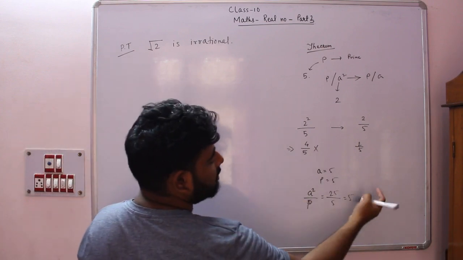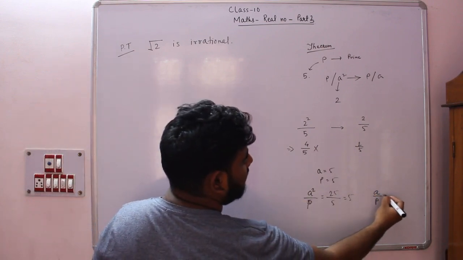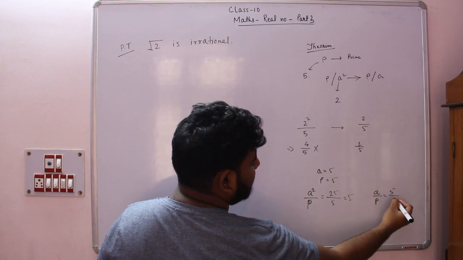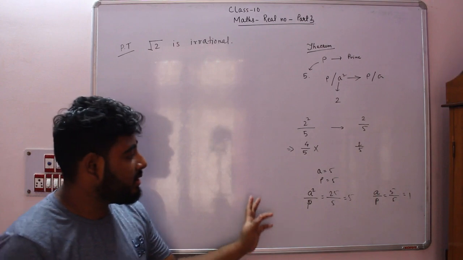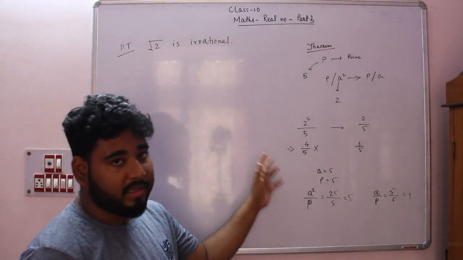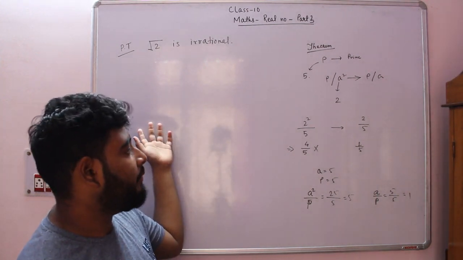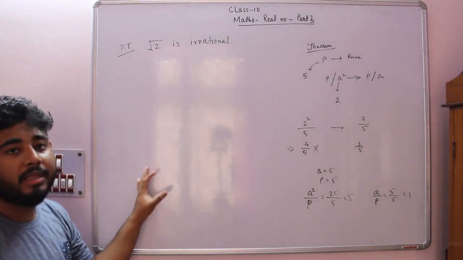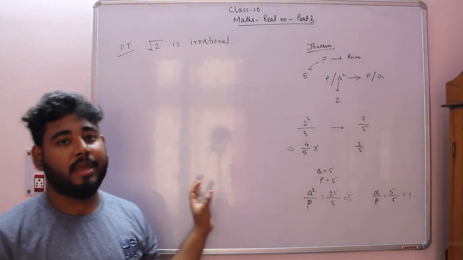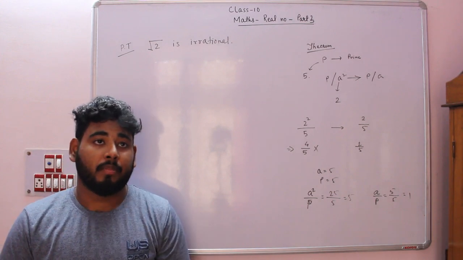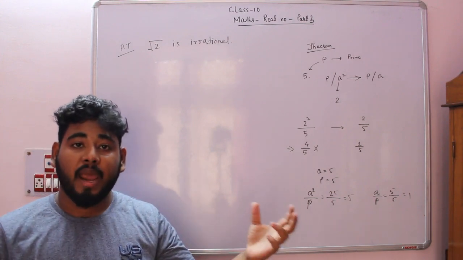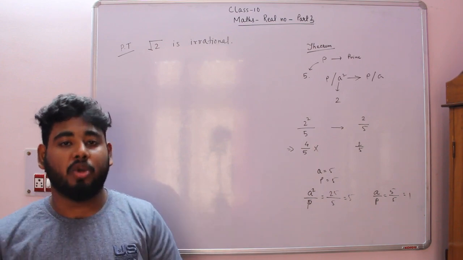Then a will also be divided by 5, 5 divided by 5, that is 1. So the question is, how you can apply this theorem in this. We have to prove this by the method of contradiction. Now what is the method of contradiction? Method of contradiction means we have to assume something and we have to prove that it is wrong.